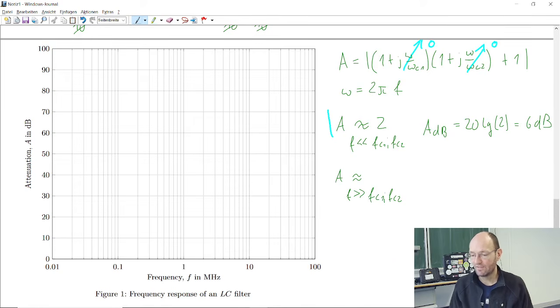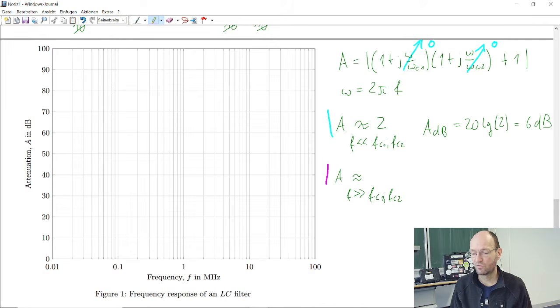So then let's go for the next case where these angular frequencies are much larger than the corner frequencies.